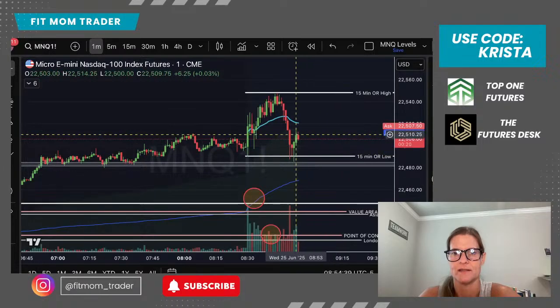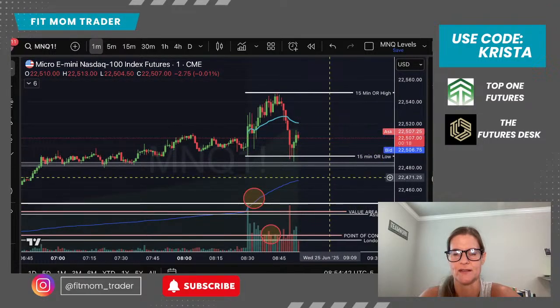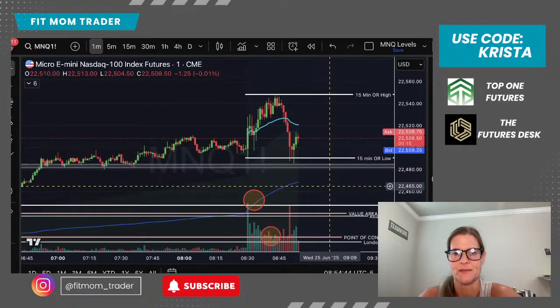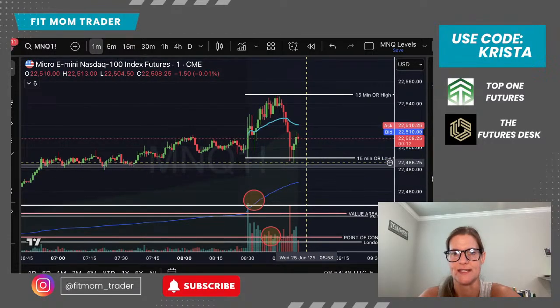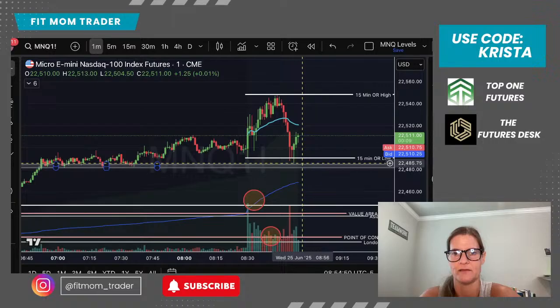Let's see how this last 1 minute candle closes. If the momentum is continuing up, the risk to reward is still decent for our stop loss to be below this wick.